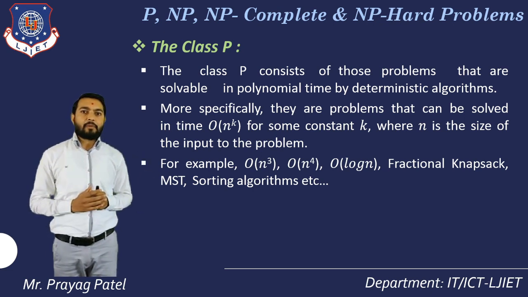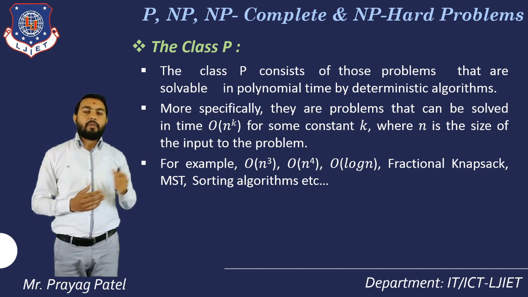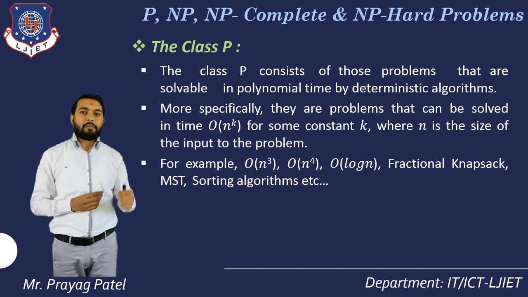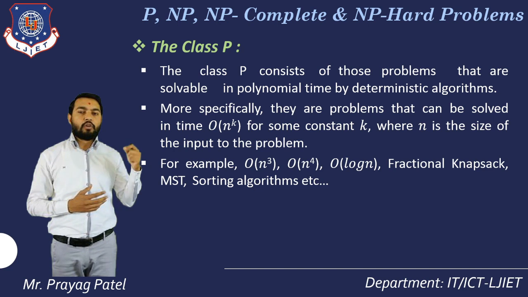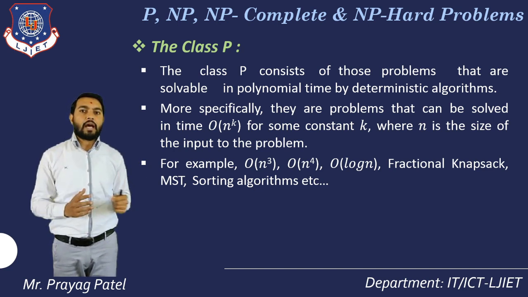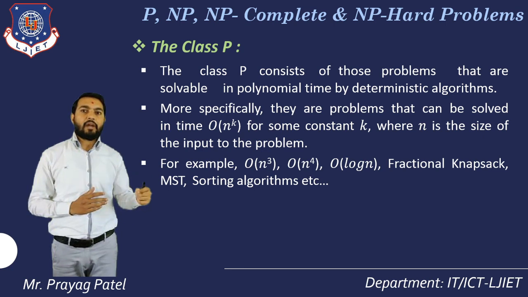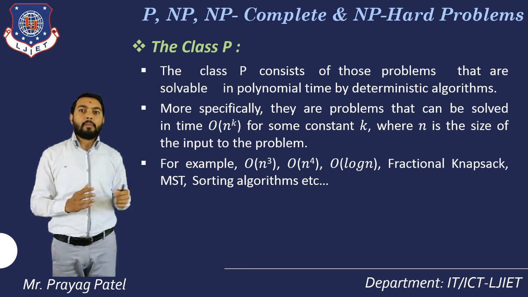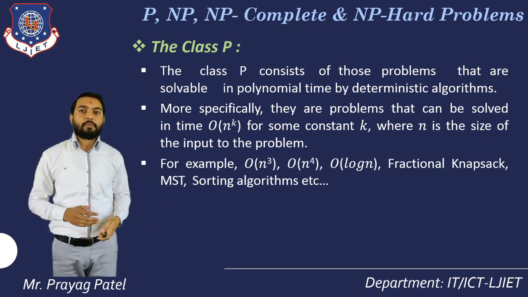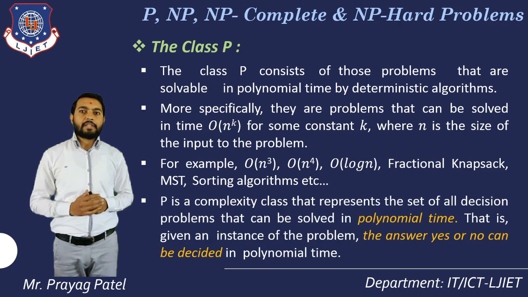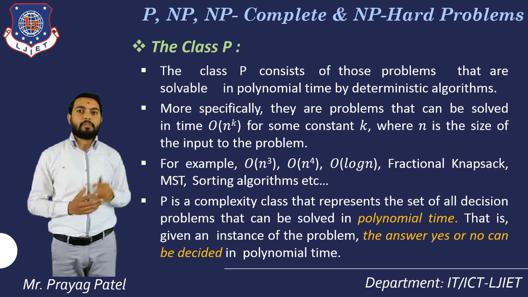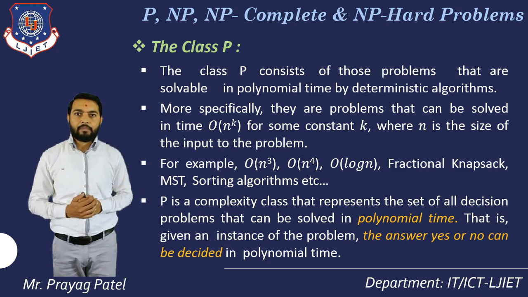Examples of this type of problem are the fractional knapsack problem, minimum spanning tree, that means Prim's and Kruskal's algorithm, and all the sorting algorithms. They are all considered P problems, meaning all these problems can be solved in polynomial time. P is a complexity class that represents the set of all decision problems that can be solved in polynomial time.